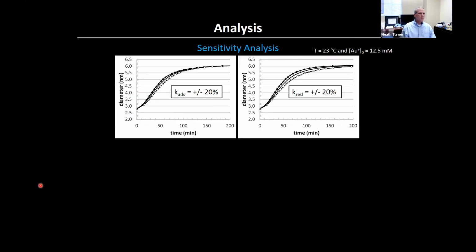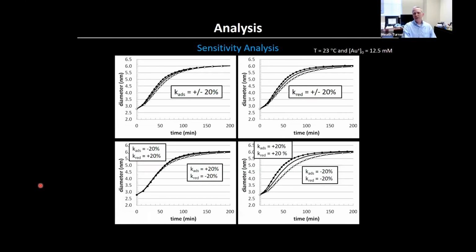So with some of this fitting, one of the questions that immediately pops up is the uniqueness of the parameters. So even though we can show that these parameters are fairly robust and realistic, they seem to make sense, we've also done some sensitivity analysis to say, okay, what happens if we have a little bit of unknown in these parameters?